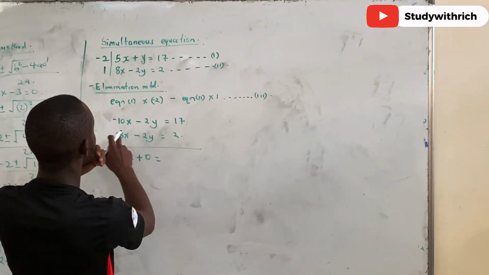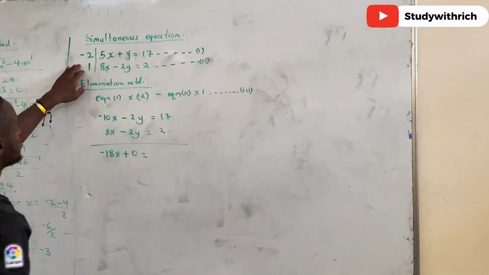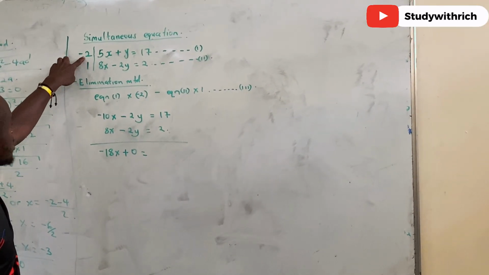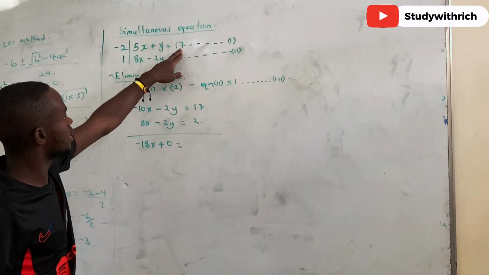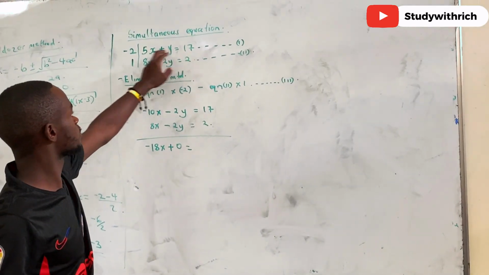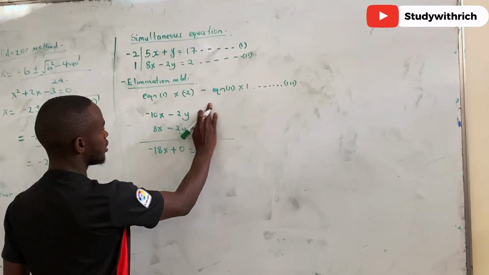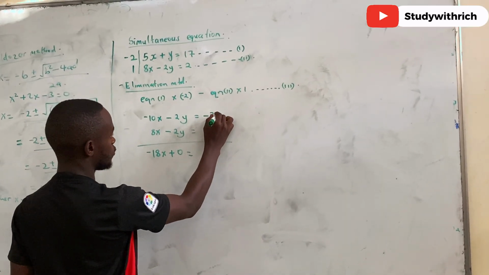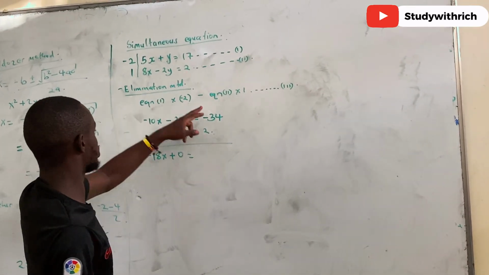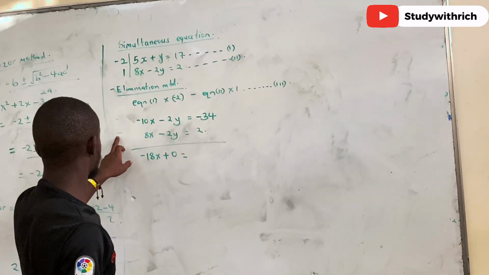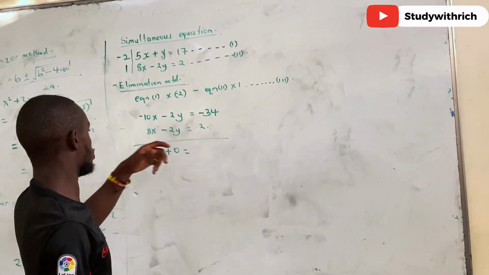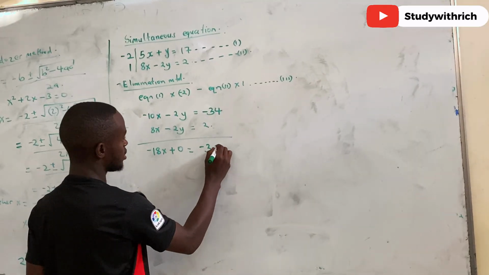17 minus 2 will be... no, remember that this negative 2 had to multiply this 17. So negative 2 times 17 had to give us negative 34. So negative 34 minus 2 will be negative 32.